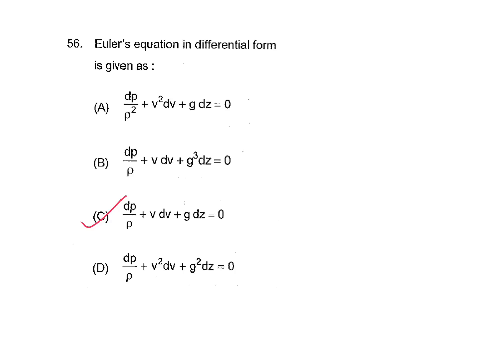Here also important thing is the assumption, inviscid fluid. This is very, very important. So many times asked in IES and other examinations also. For Euler's equation, fluid is inviscid fluid, and Euler equation is conservation of momentum.